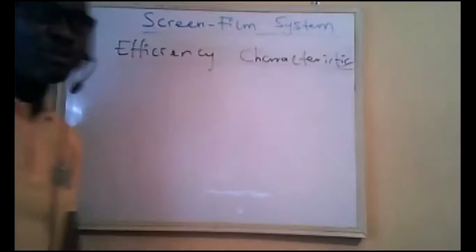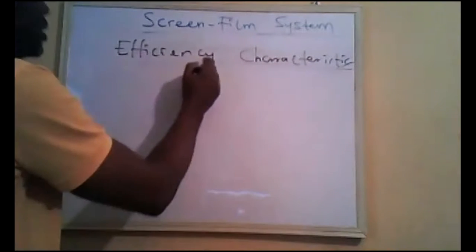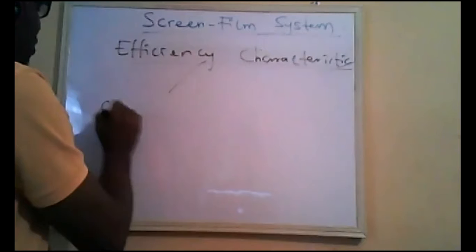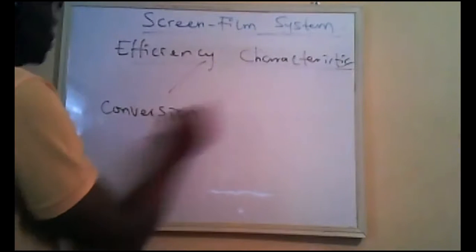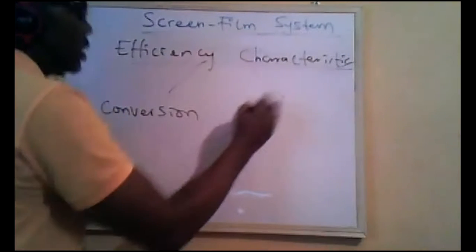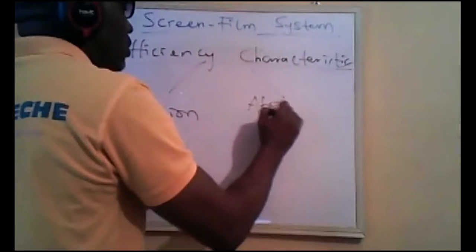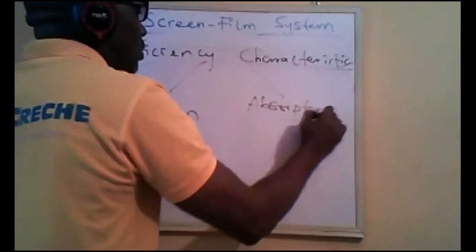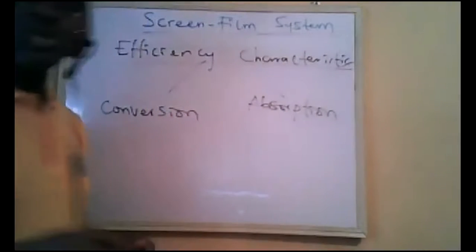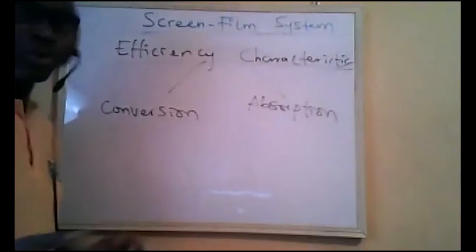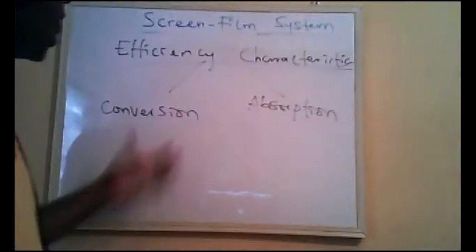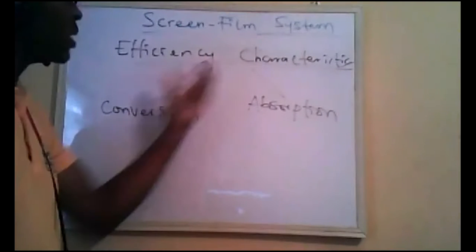Efficiency characteristics of the film, we can broadly say that there is conversion efficiency and absorption efficiency. So these are the two main efficiencies we look at when we want to look at the characteristics of the film.